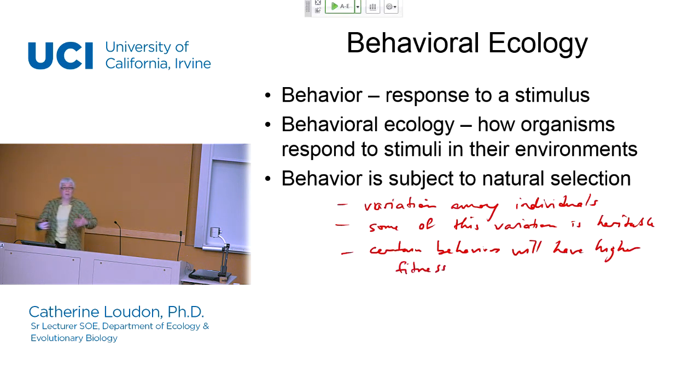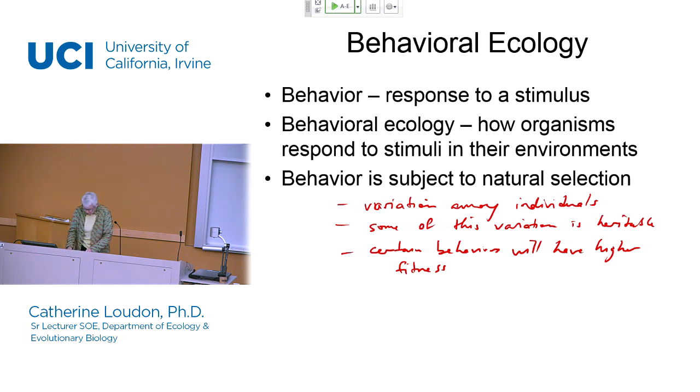Right? So those organisms that have behaviors that are heritable and lead to higher fitness would be disproportionately represented in subsequent generations. By definition, they're more likely to be genetically represented in the future.